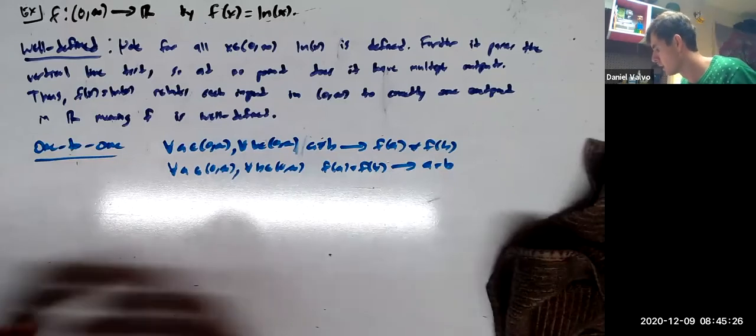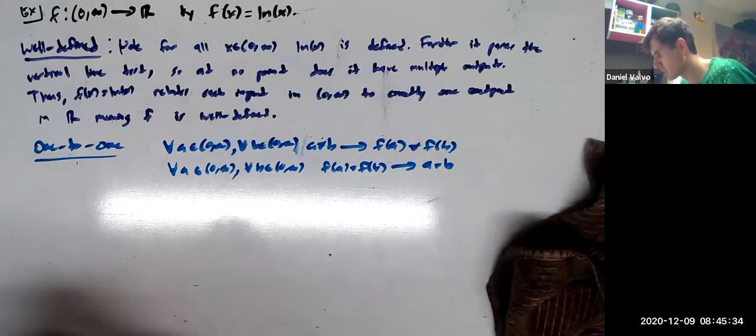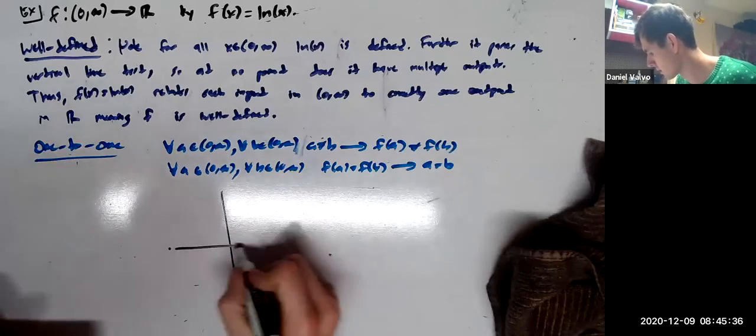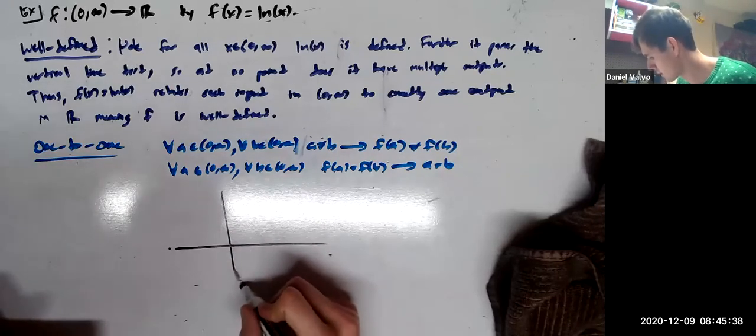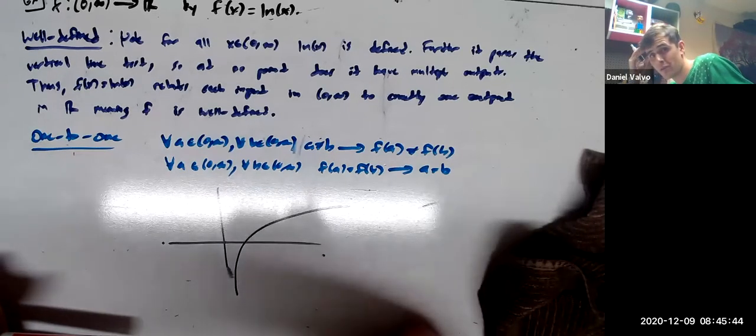So, do we think our function here is 1-to-1 is the question. Well, let's draw it again. It looks like this, remember? And so the question is, does it look like any two inputs will map to the same output?